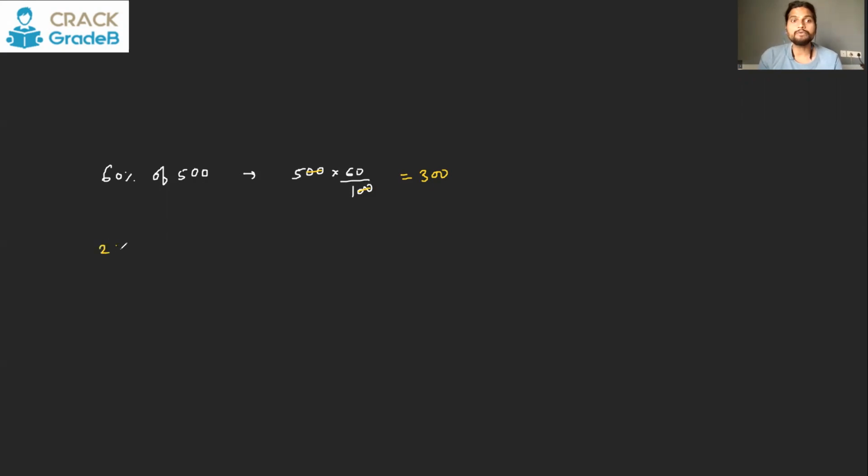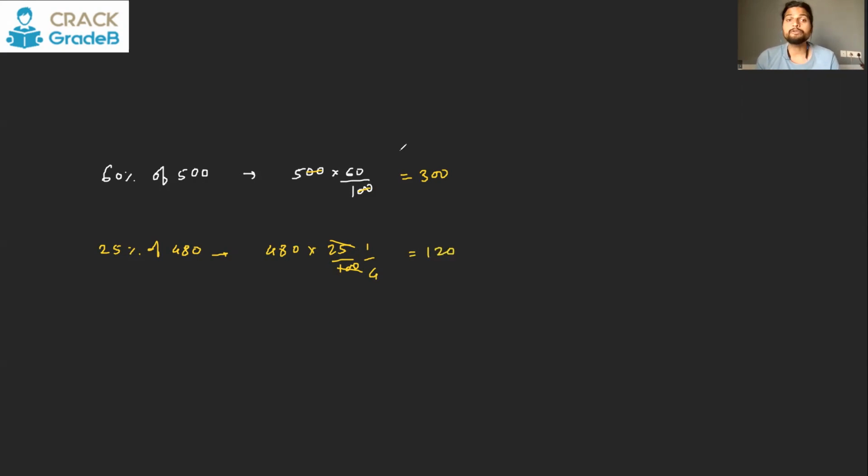Now let's say you have to calculate 25% of 480. So what you do is 480 into 25 upon 100. You know 25 ones are 25, 25 fours are 100, and then 480 upon 4 is 120.